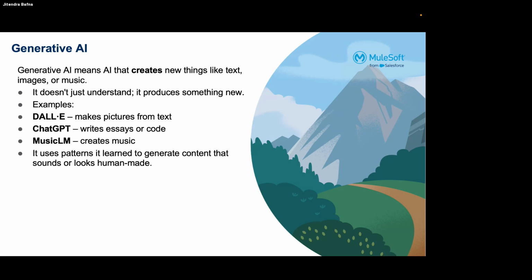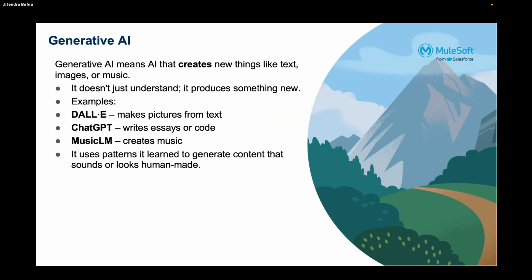Or if you ask to know a bit about something, it will generate the text for that. You can also give a big paragraph and ask generative AI to summarize it. If you have a 10 or 20 line paragraph, it can summarize it in 2 or 3 lines.